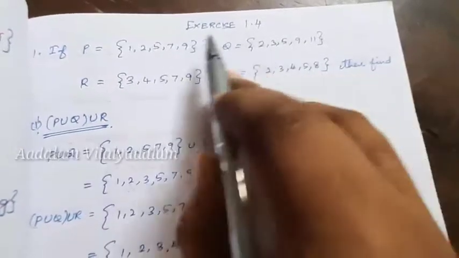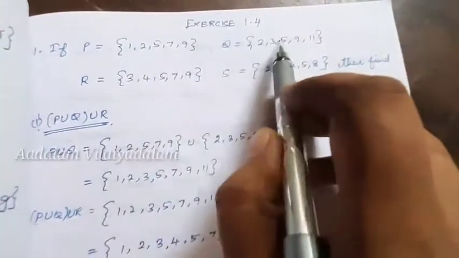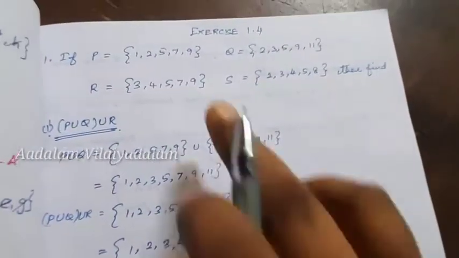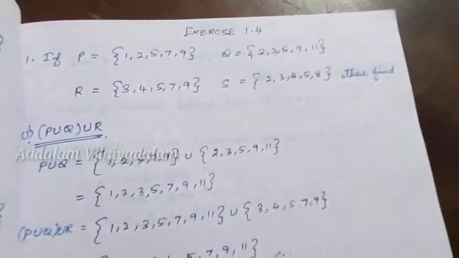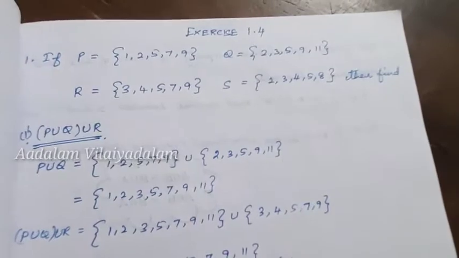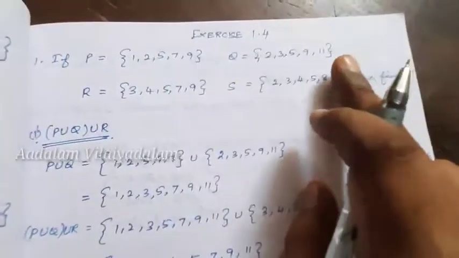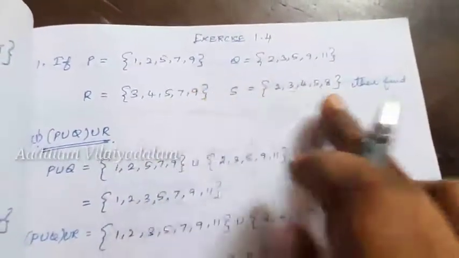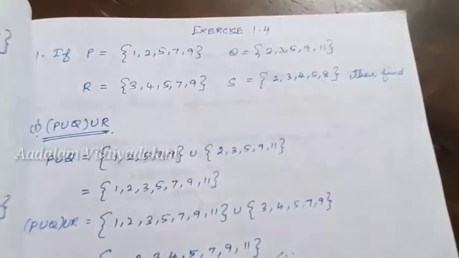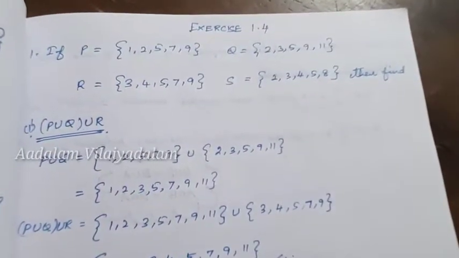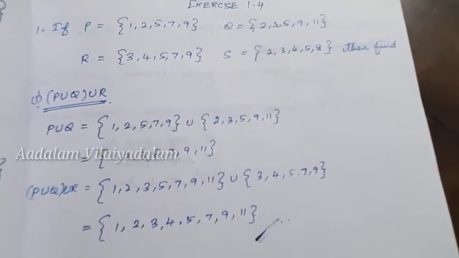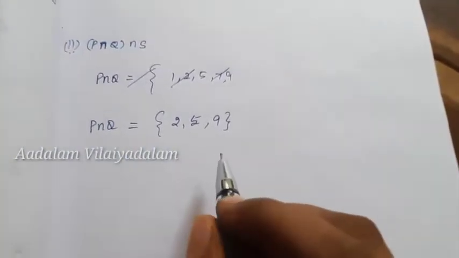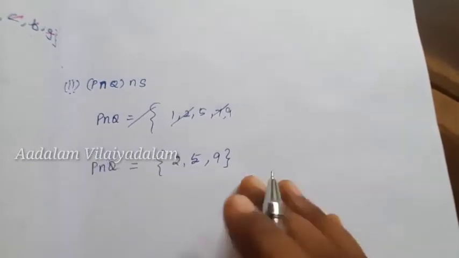Then 5, 3 is not repeating, 5 only is repeating, that is 5. The next one, 7 is not repeating. The 9. For the intersection, we are choosing only common elements. Then 9. Then 11 is not in the set P. So therefore the elements are three for this P intersection Q, that is 2, 5, 9.